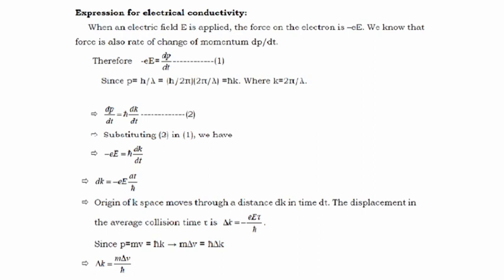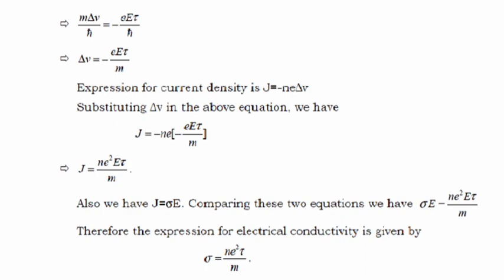So we can equate delta k equal to -eEτ by ħ with m delta v by ħ. Equating these two equations, we find that delta v, that is drift velocity, is equal to -eEτ by m, and the volume current density J is equal to -n e delta v, where delta v is the drift velocity.